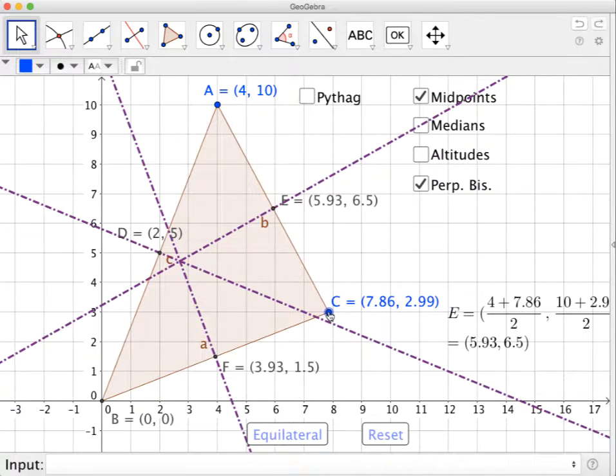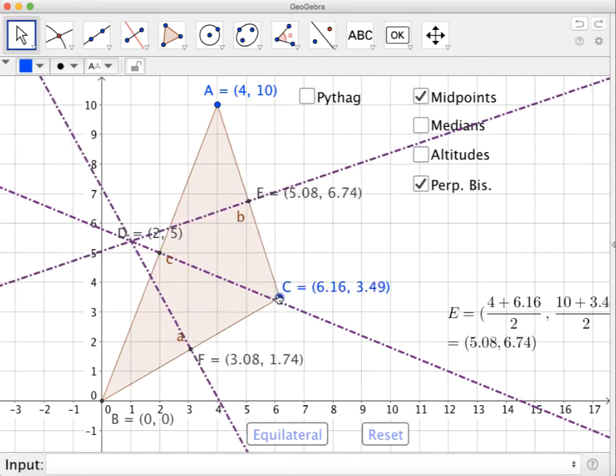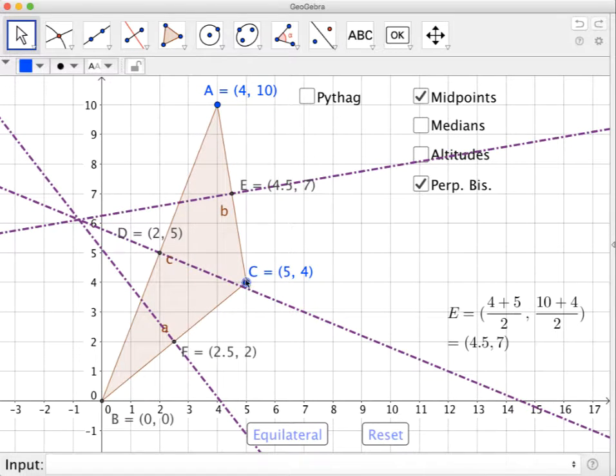However, when we make our triangle such that it has a right angle, as we have now at C, then our perpendicular bisectors meet somewhere along the hypotenuse of this right triangle. And when we keep going and make the triangle such that its largest angle is greater than 90 degrees, or in other words, it is an obtuse triangle, then our, not our altitudes, but our perpendicular bisectors meet outside the triangle, and we can see that point of intersection right here.